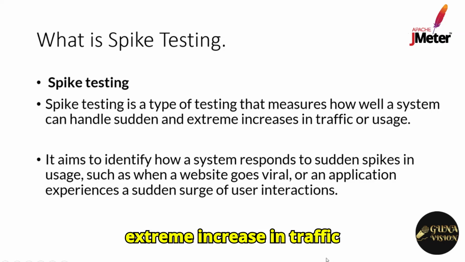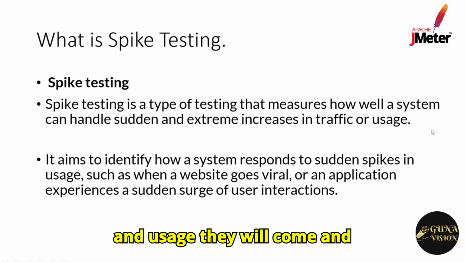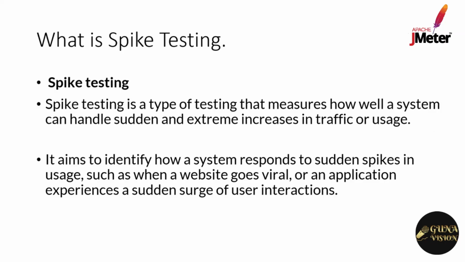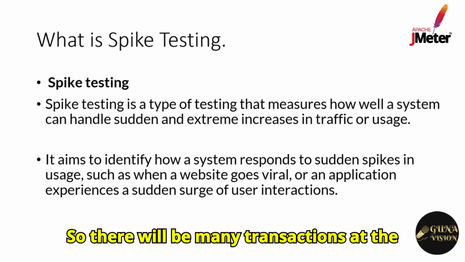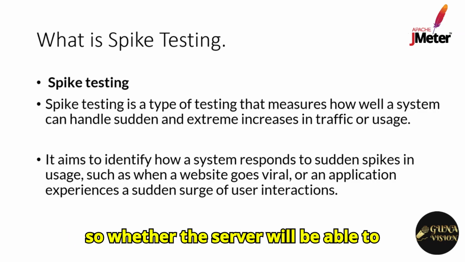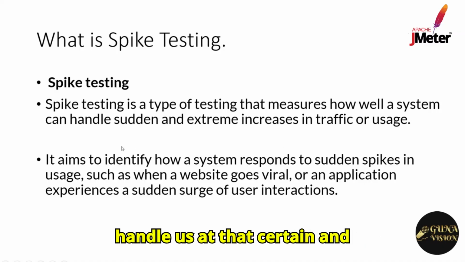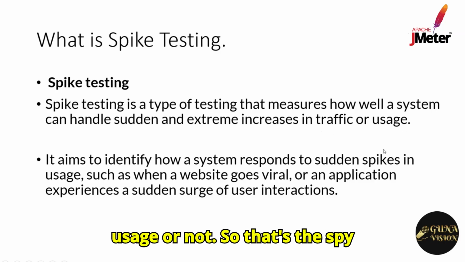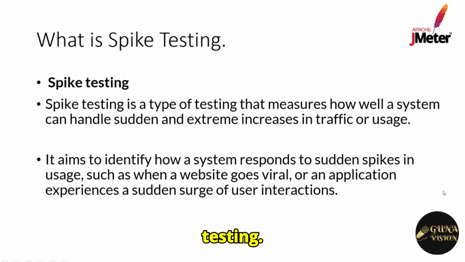There is an extreme increase in traffic and usage. They will come and try to buy the products, so there will be many transactions at the same time. So we need to know whether the server will be able to handle that extreme increase in traffic or usage or not. So that's spike testing.